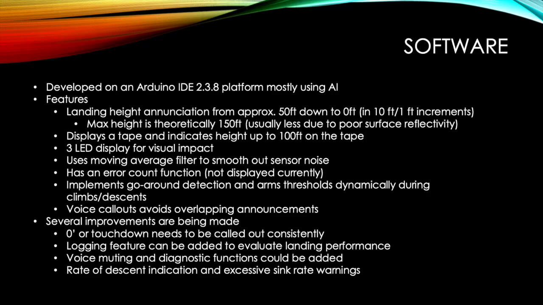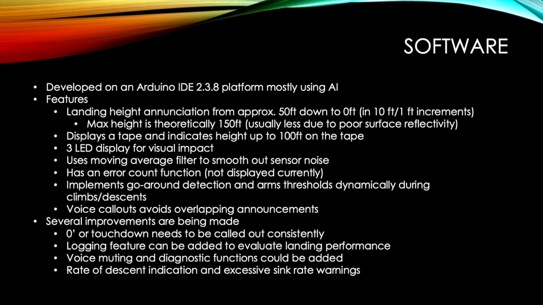It displays a tape and indicates the height on that tape up to 100 feet, like with a horizontal line. It's got a 3 LED display for visual impact and to basically garner attention.